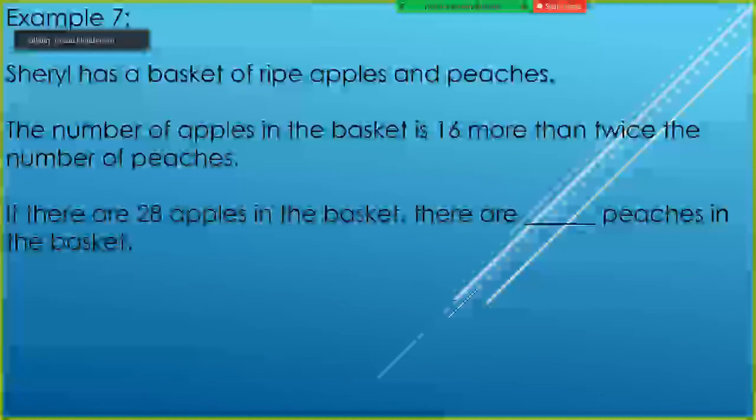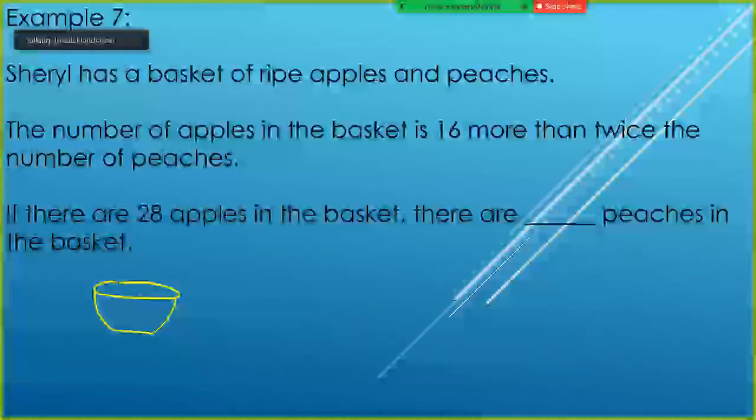So Cheryl has a basket of ripe apples and peaches. So far, my mind goes, okay, we've got this basket or bowl with our apples plus our peaches. The number of apples in the basket is 16 more than twice the number of peaches. Okay, hold on. Whenever we see the word is, that's equals. Equals and is, same thing.